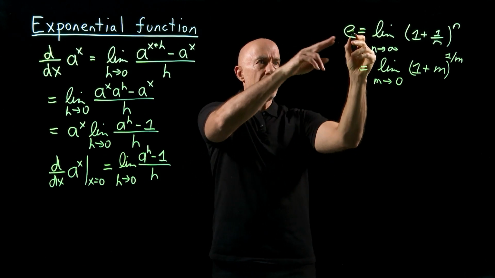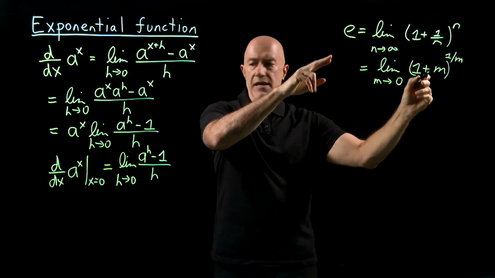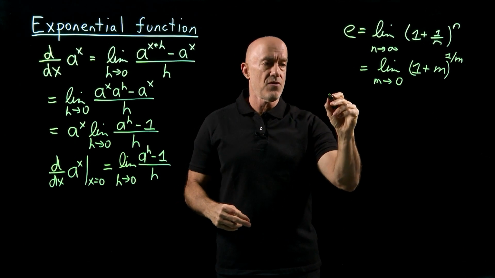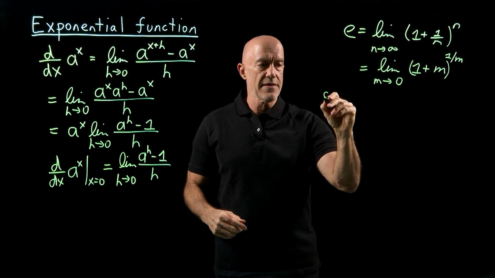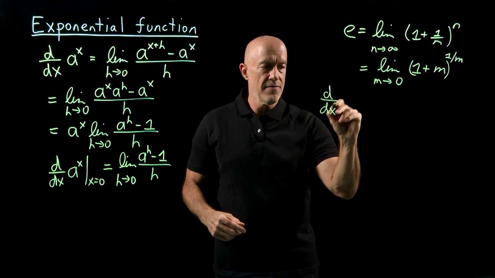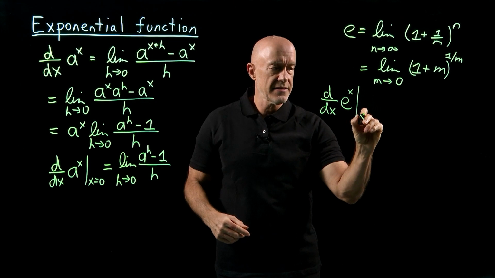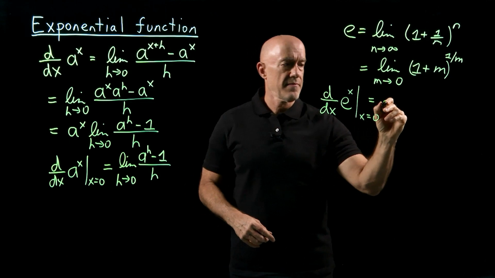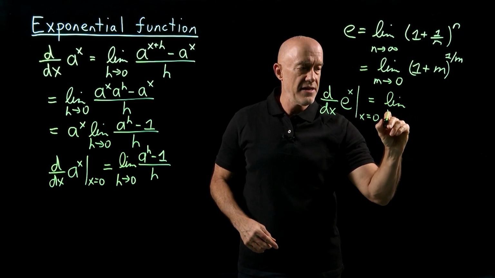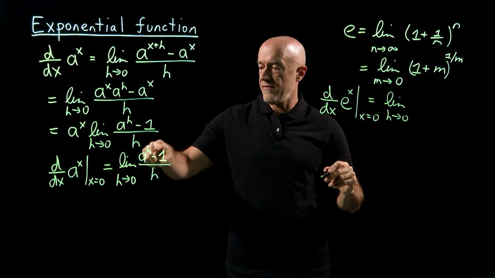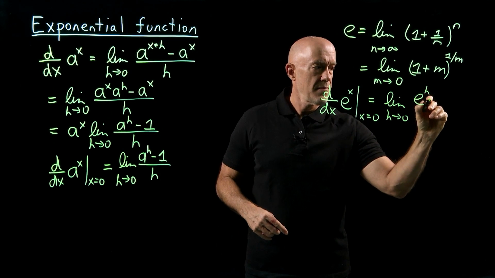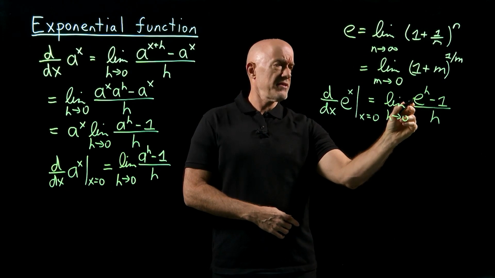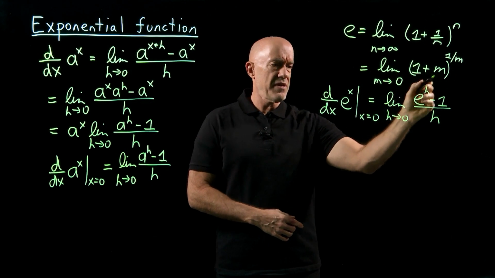Okay. So we can use this definition of e and substitute it into the expression for the derivative of e. So we can look at the derivative of e to the x at x equals 0. That would be then the limit as h goes to 0 of e to the h minus 1 divided by h. And then instead of e, we can use this limiting formula.